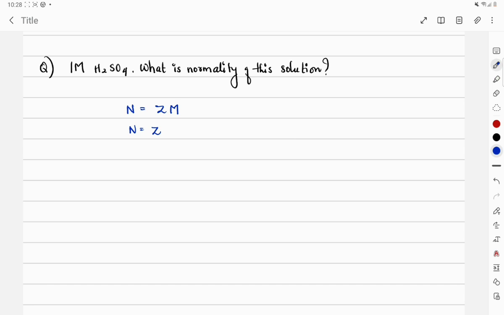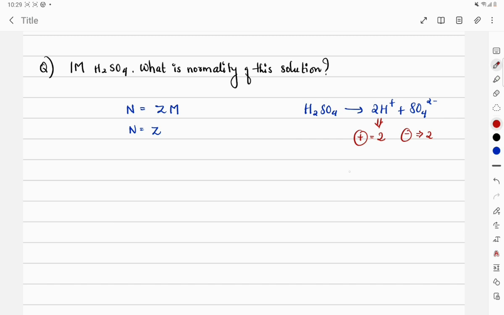How do I find the valence factor? We already told the definition. It was the total number of positive charge or total number of negative charge. H2SO4, if you try to split it, I'll have 2H+ and SO4 2-. So the total number of positive charge here is 2. Total number of negative charge is also 2. I have to take either one of them. I can take it as 2.